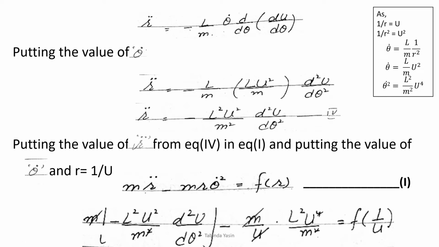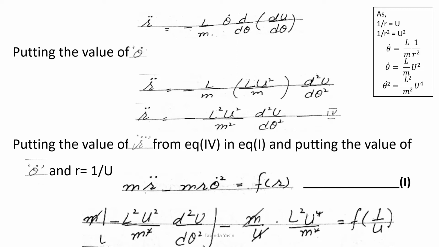So that is m into minus L square u square over m square d square u over d theta square minus m into 1 over u, as in the place of r we have substituted 1 over u, and in the place of theta dot square we substituted the value L square u power 4 over m square is equal to f of r.